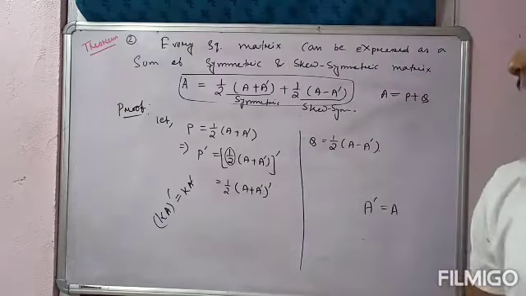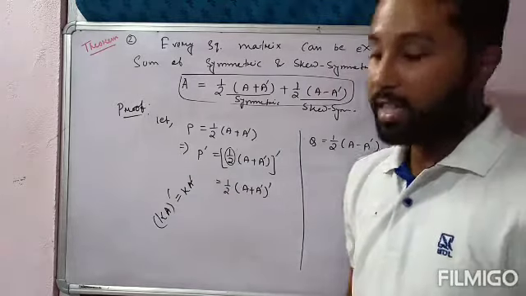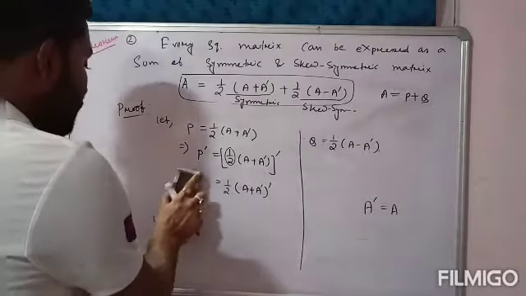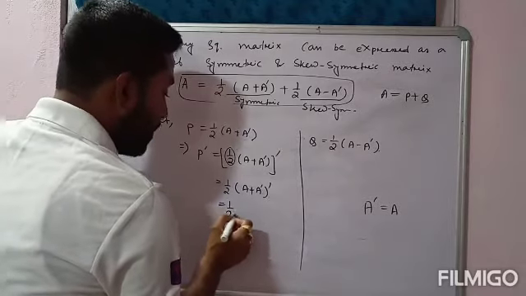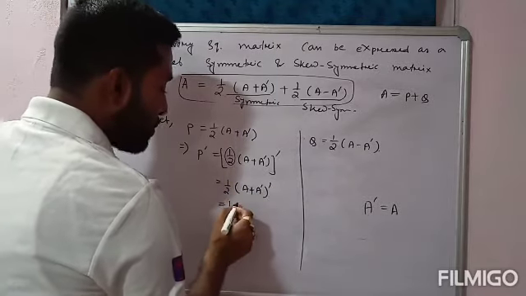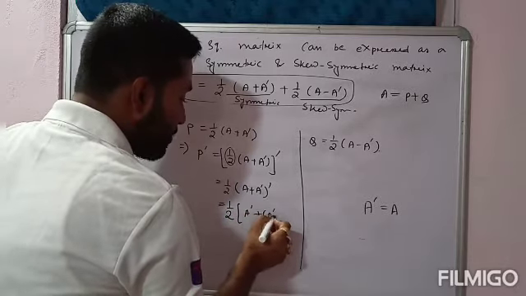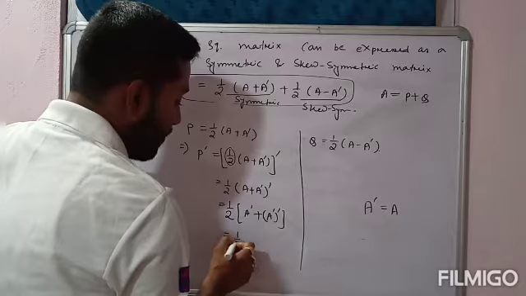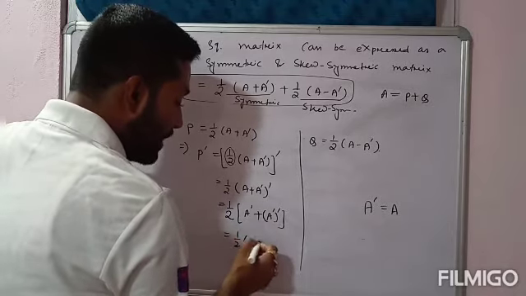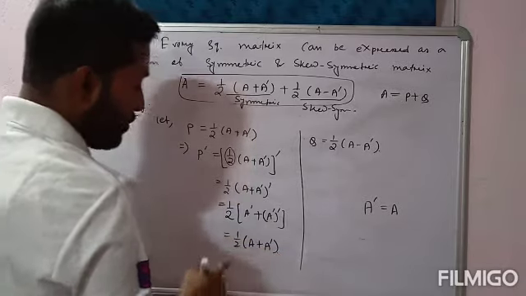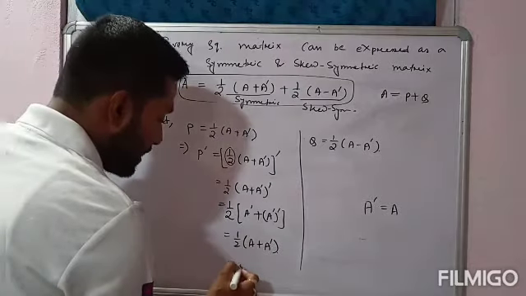So half into A plus A transpose whole transpose can be written as half into A plus A transpose. Okay. So this is equal to half of, now A plus A transpose whole transpose, it can be written as A transpose plus A transpose whole transpose, that is half of A transpose plus A transpose whole transpose means A only, so it is A plus A transpose. So half of A plus A transpose, this is nothing but the value of P, so this is P.